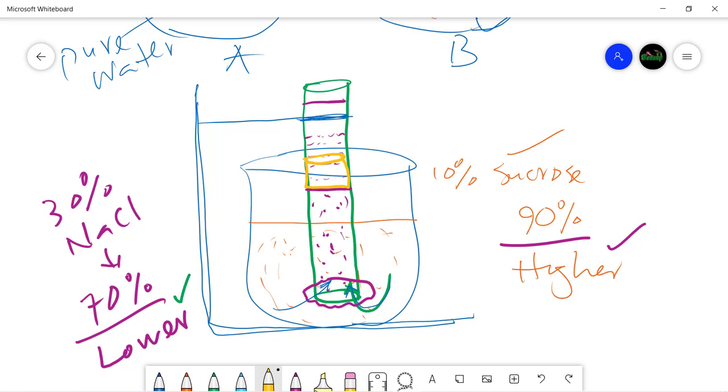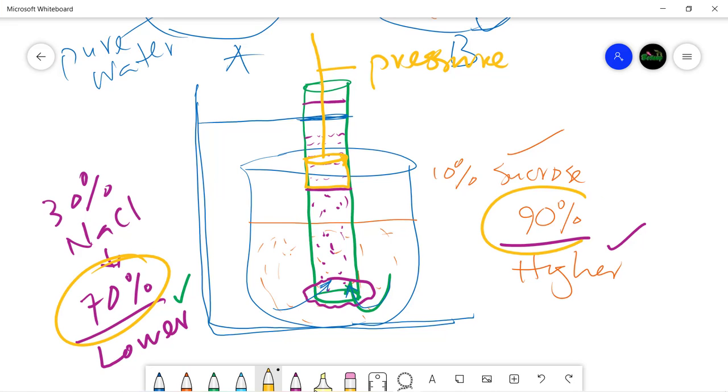So this is a piston that has been inserted. And if we do not want to allow water to enter the tube, what's required? Obviously, we have to apply certain pressure here so that the water may not enter the tube. How much pressure? The pressure should be enough to overcome this difference in the chemical potential, 90 on one side and 70 on the other side.